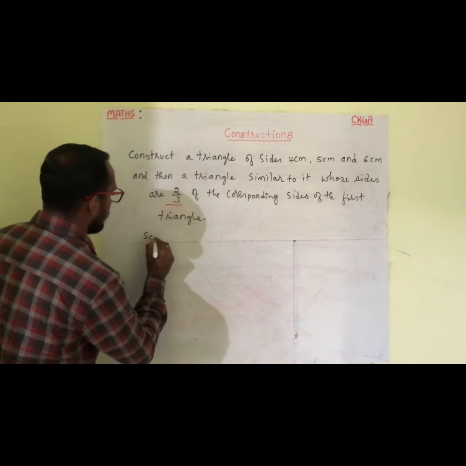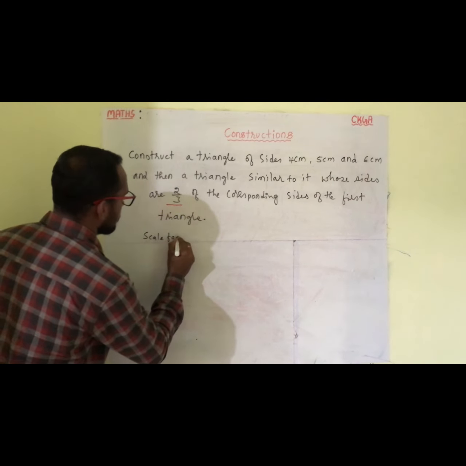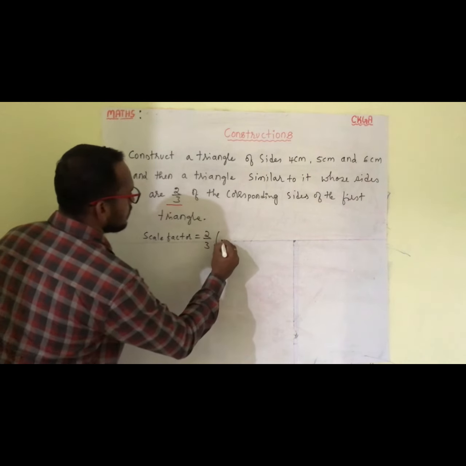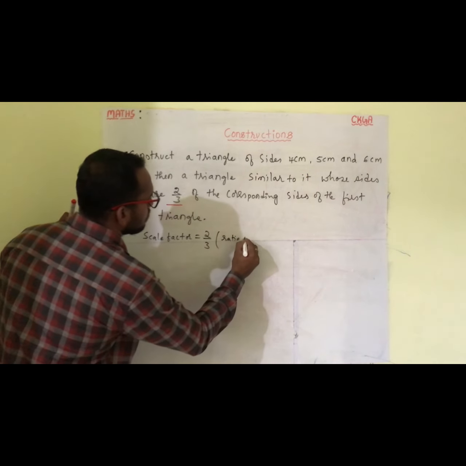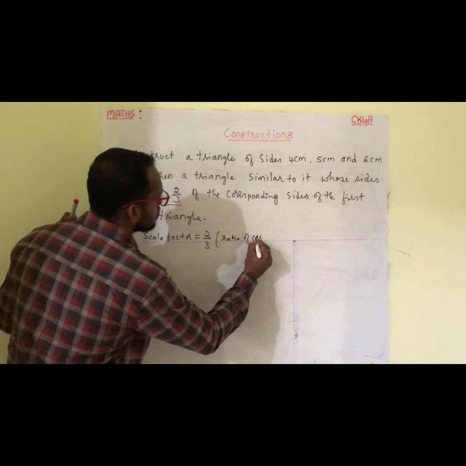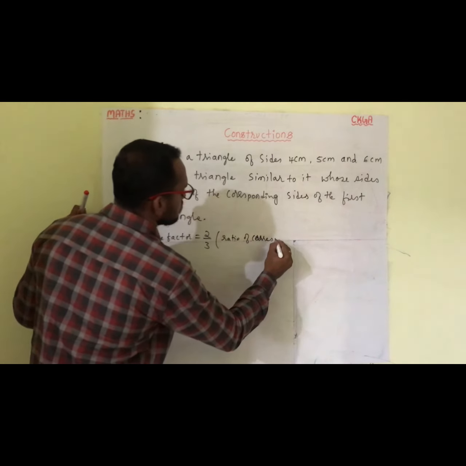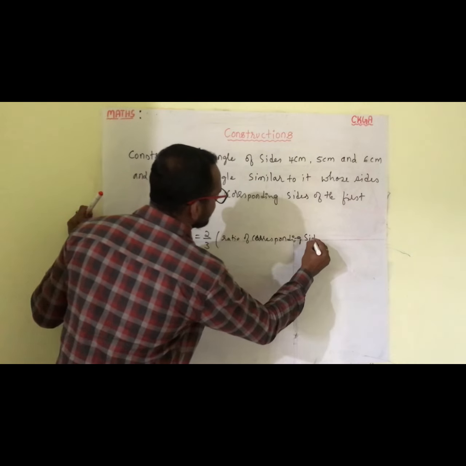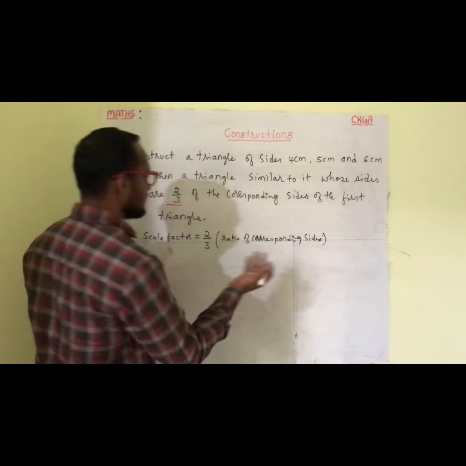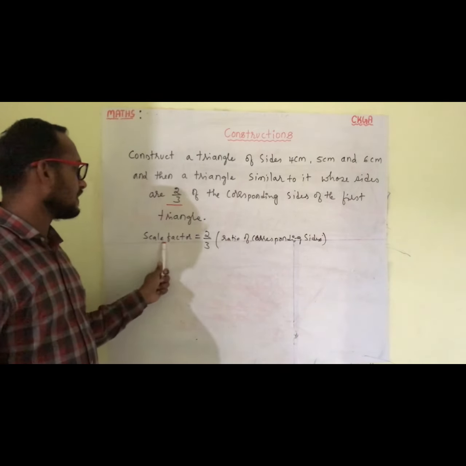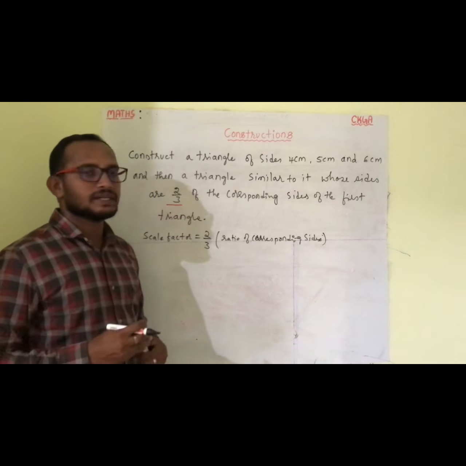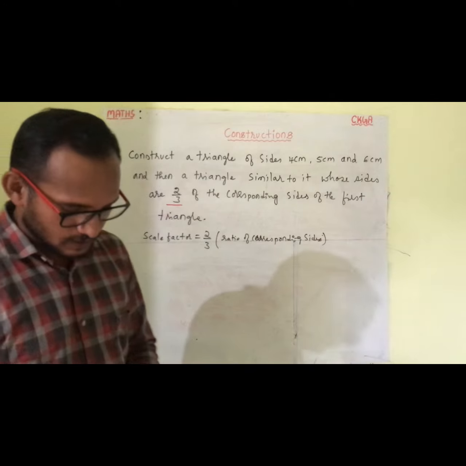The scale factor is 2/3. You can say the ratio of corresponding sides is also called the scale factor. With respect to the scale factor, you need to construct similar triangles for this.